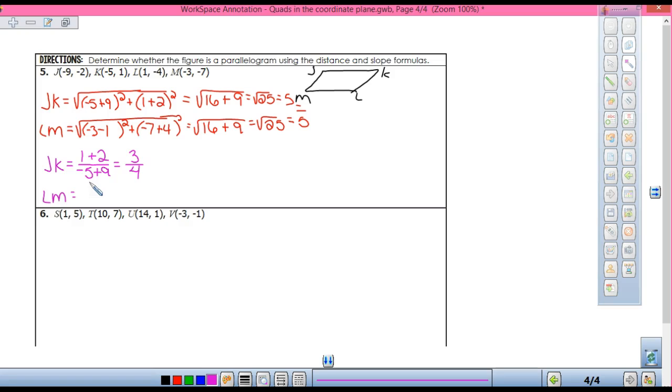What's on top? So on top I have over -4. Now some of you are going to look at that and be like, those aren't equal. Well, what's negative divided by negative? We still have a positive 3/4. So our slopes are congruent. So is this a parallelogram?